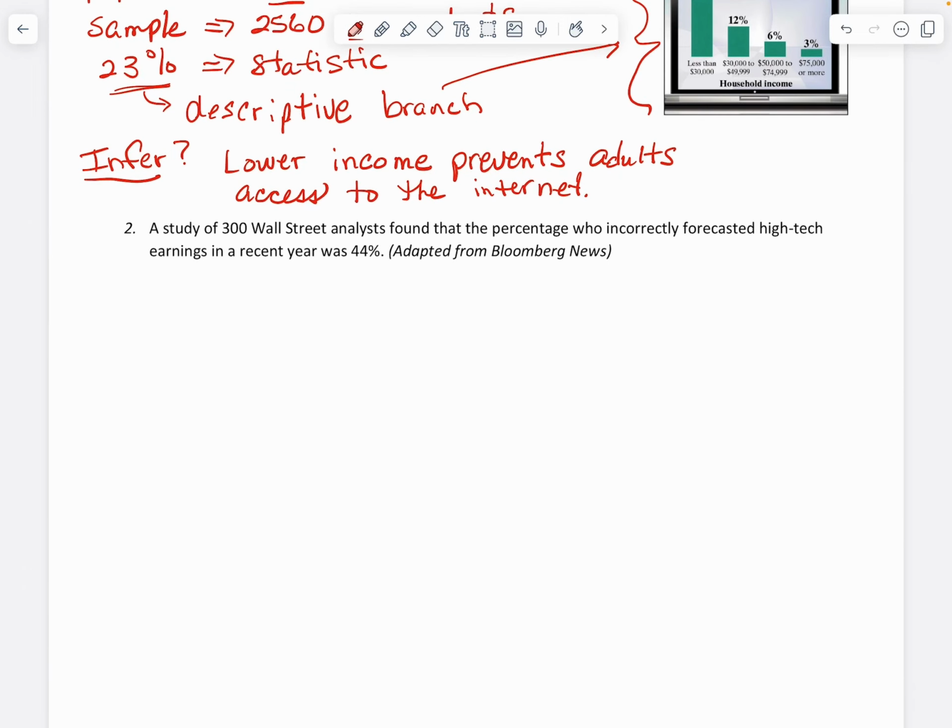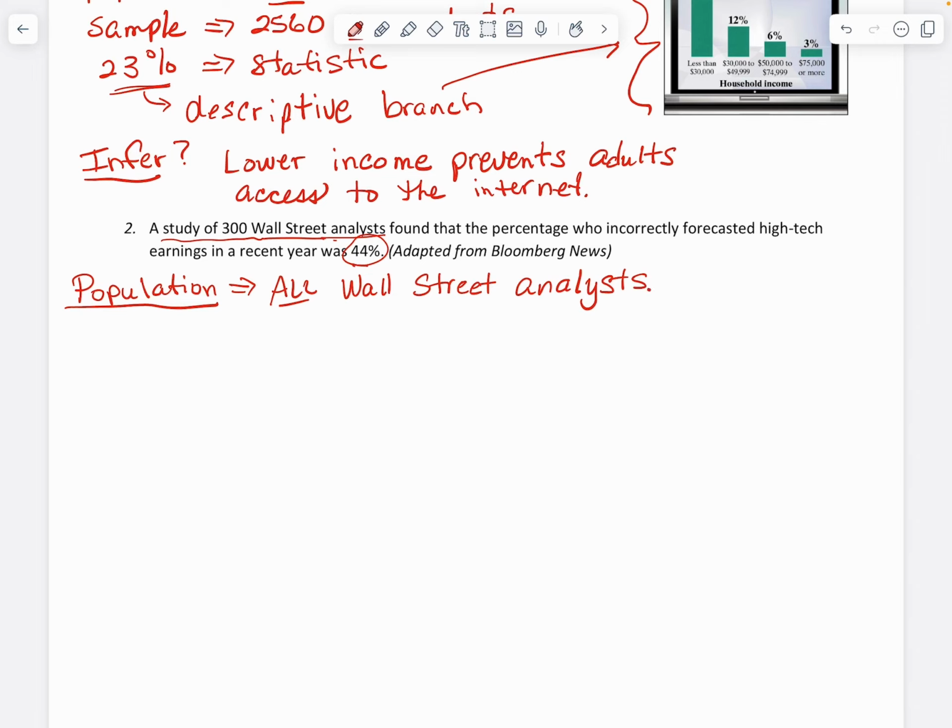All right, number 2. A study of 300 Wall Street analysts found that the percentage who incorrectly forecasted high-tech earnings in a recent year was 44%. So let's look at the same thing. Your population in this case would be all Wall Street analysts, probably more than 300.